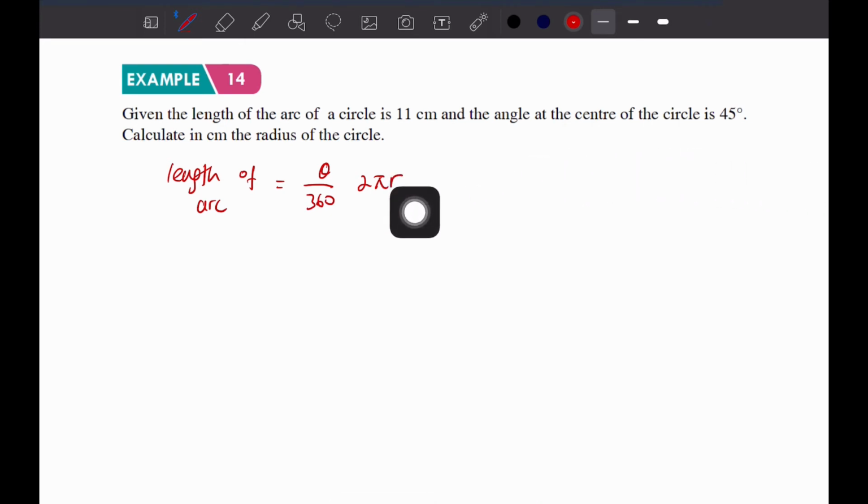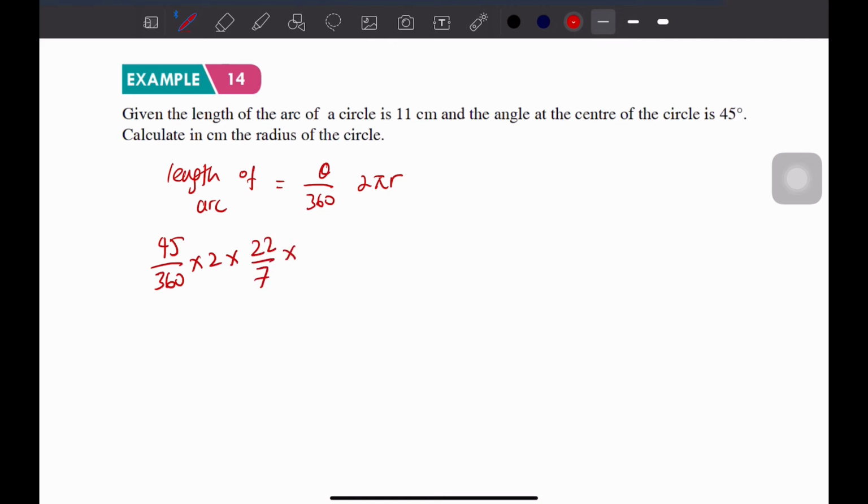The question asks us to find the radius, so the unknown is r. Let the whole thing be on the left side: theta is 45, so 45 over 360 times 2 times pi times r equals the length of arc, 11. Let's simplify this part first. Press your calculator: 45 over 360 times 2 times 22 over 7.